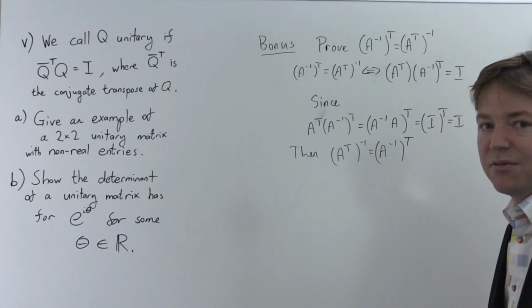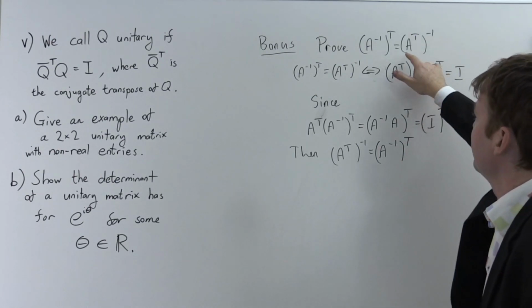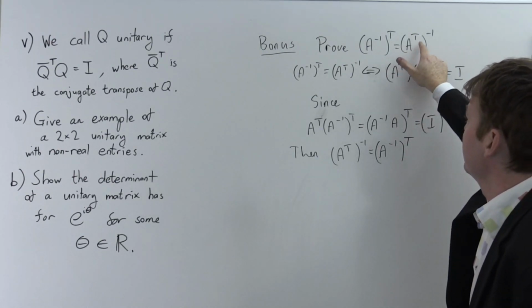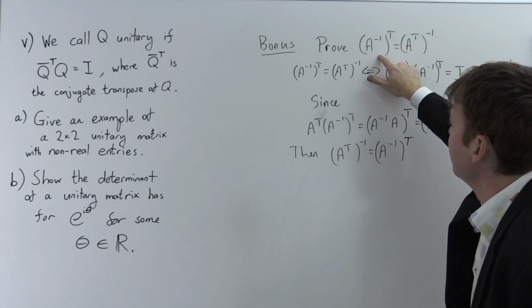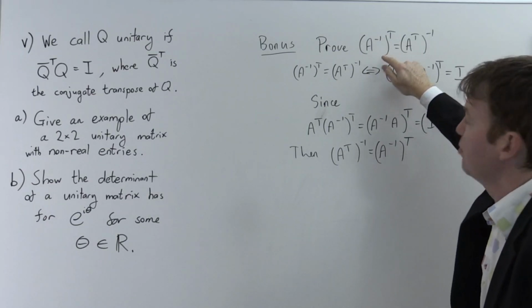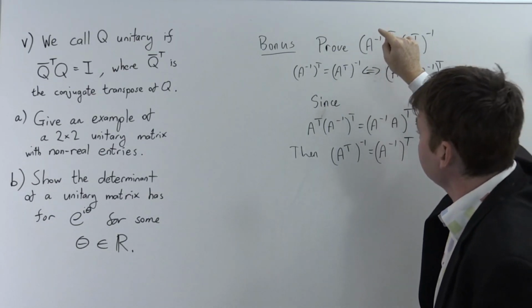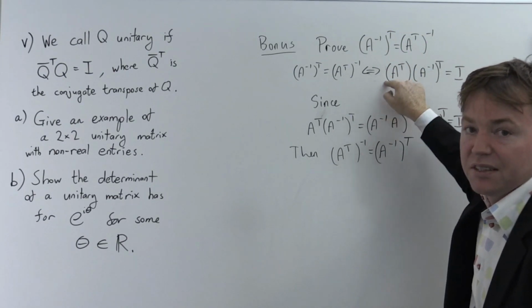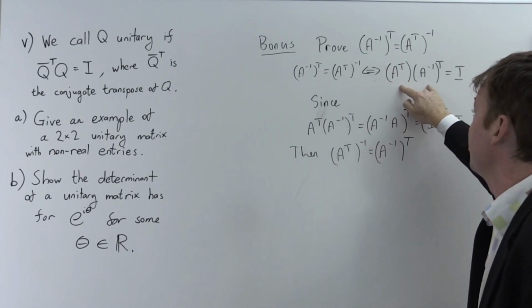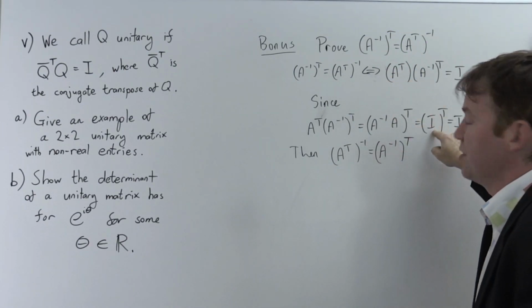You have to think about it for a bit. In this case, you need to know that this is going to be the inverse, which is what you're asked to prove, precisely when this occurs. And this is something you can actually prove because this simplifies to just this.